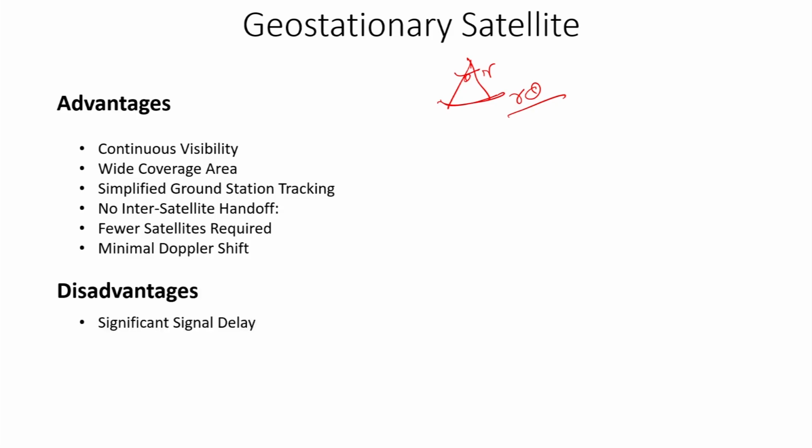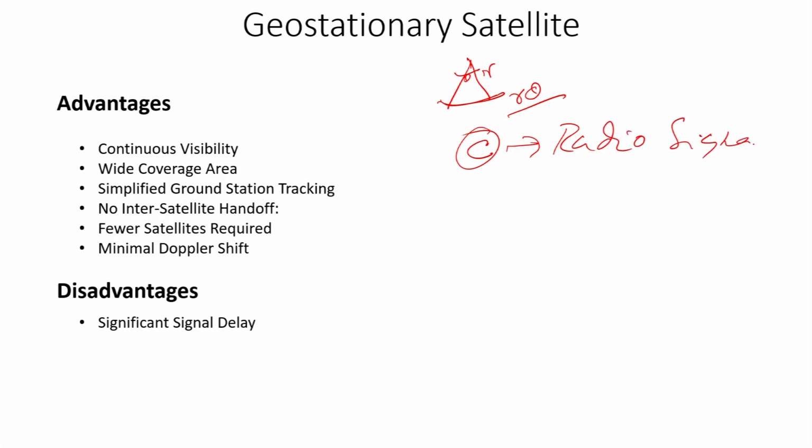What are the disadvantages? The first disadvantage is the significant signal delay, because there is always wireless communication with the satellite, so the signal has to travel a larger distance.